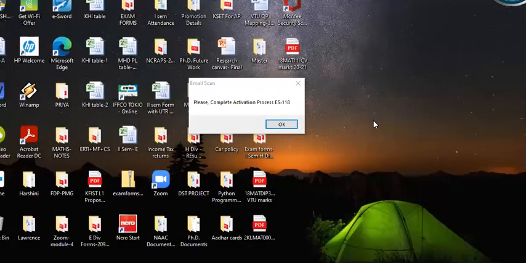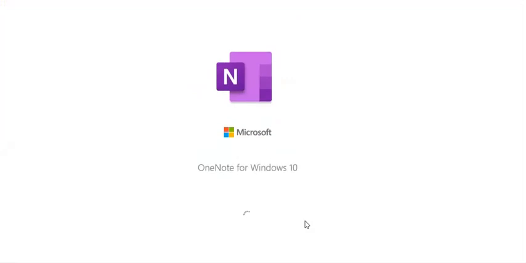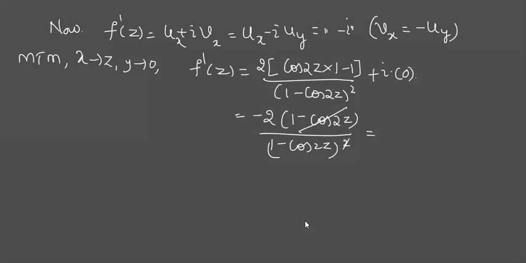Now what is 1 minus cos 2z? Do you remember the formula? Do you remember what is 1 minus cos theta? 2 sine square theta by 2. I'll use the same thing. So this is minus 2 I'll keep. This is 2 sine square. My theta is 2z divided by 2, which gives z.